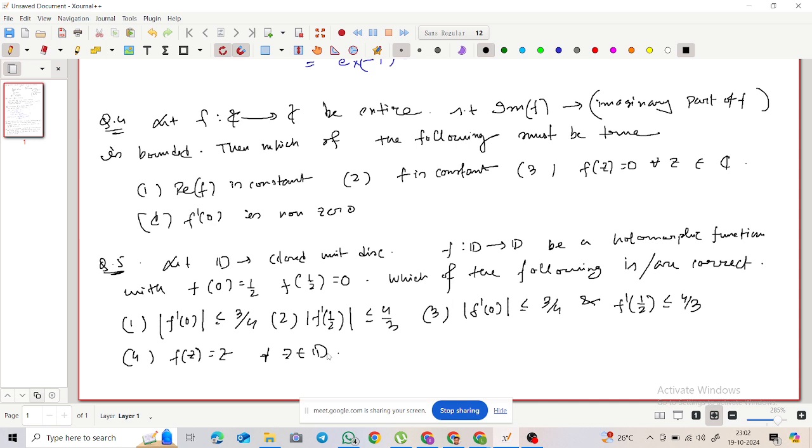D to D, f'(0) less than 0, or f'(0) is equal to 4 by 3.